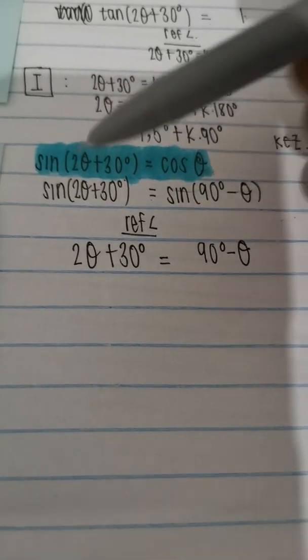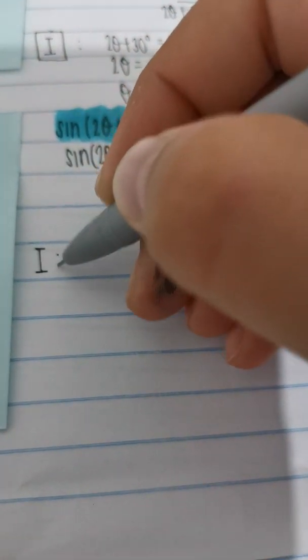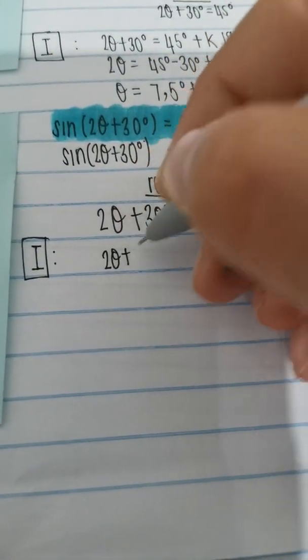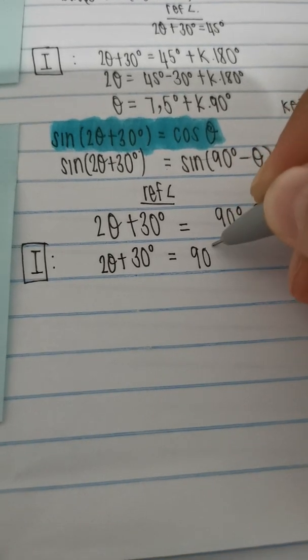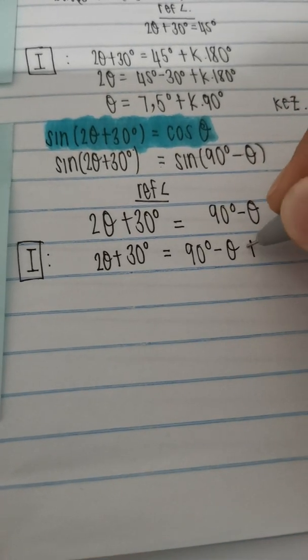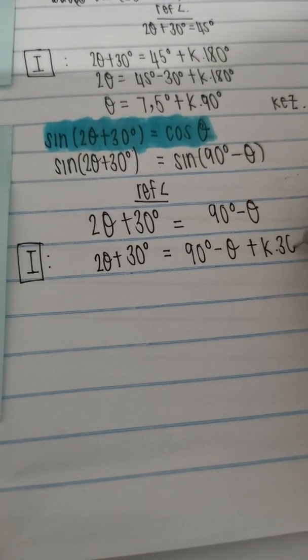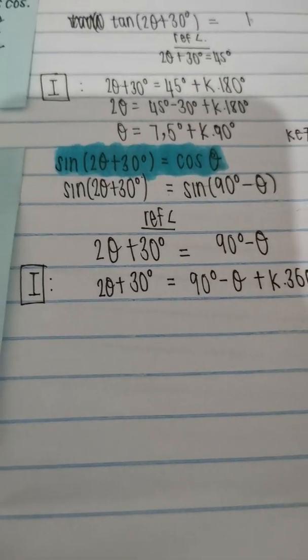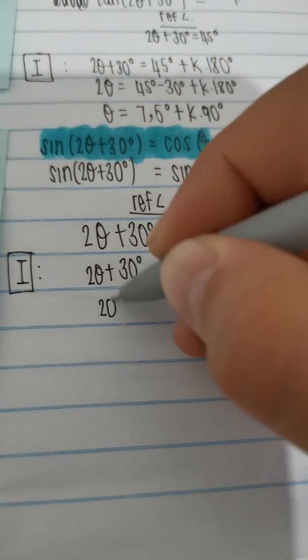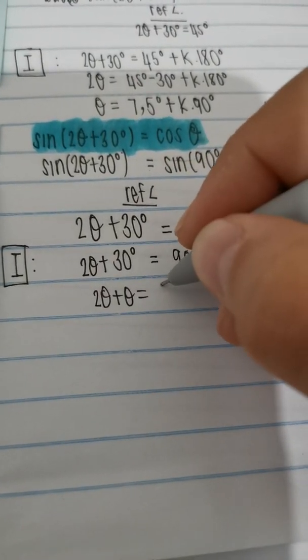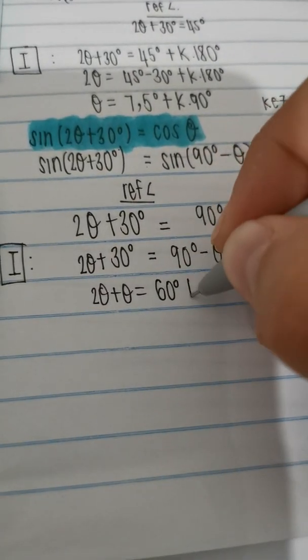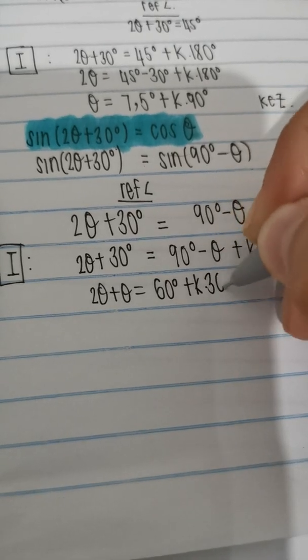Then you ask yourself, where is sine positive? Sine is positive in quadrant 1. So in quadrant 1, we're going to have 2 theta plus 30 degrees equals 90 degrees minus theta, plus k times 360 degrees. We're then going to simplify this. So this is going to be 2 theta plus theta equals 90 degrees minus 30 degrees, which is 60 degrees, plus k times 360 degrees.